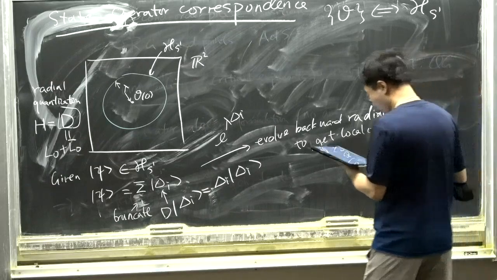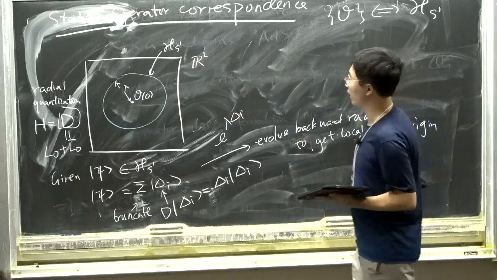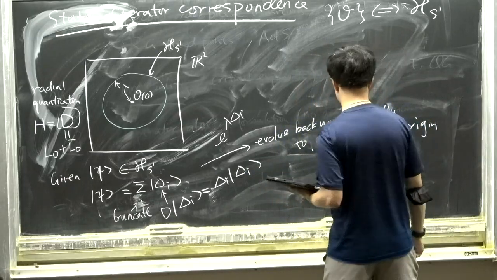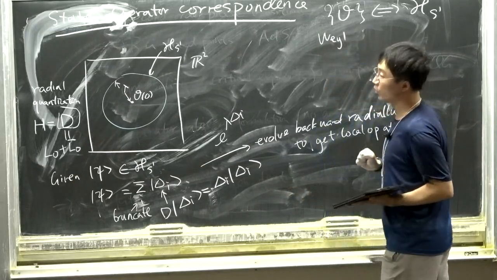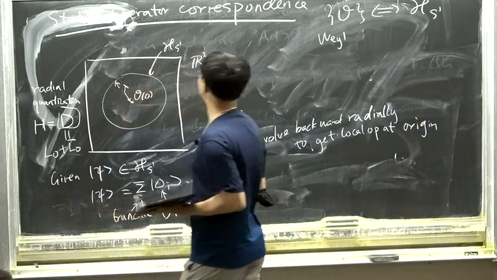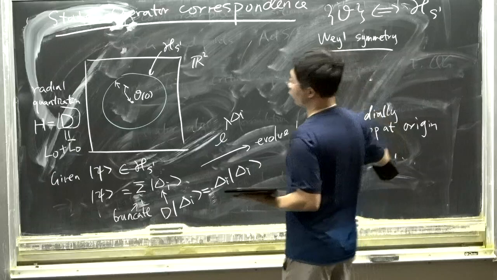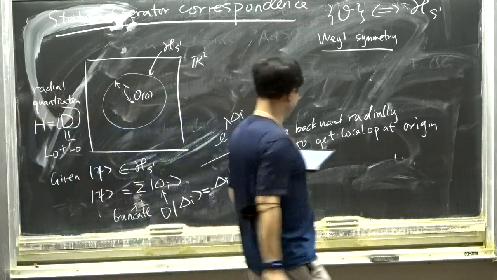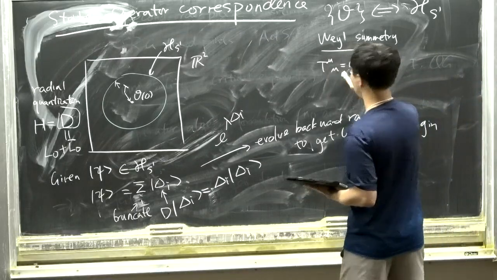All right. Another useful picture to think about the radial quantization can be obtained by implementing a Weyl transformation. So the conformal field theory, in addition to having conformal symmetry, also has a Weyl symmetry, which you can derive as a consequence of having the traceless stress tensor, and this is also true in general dimensions.